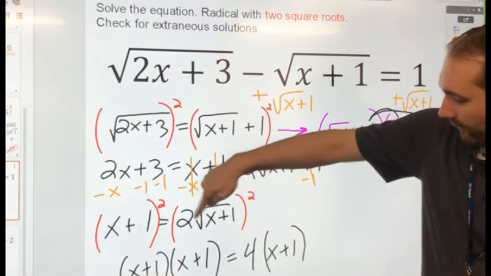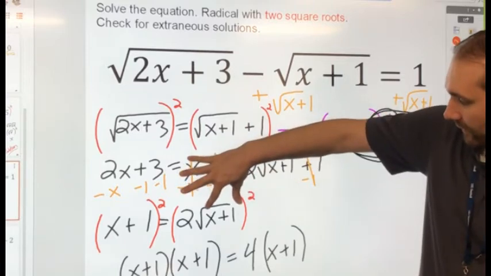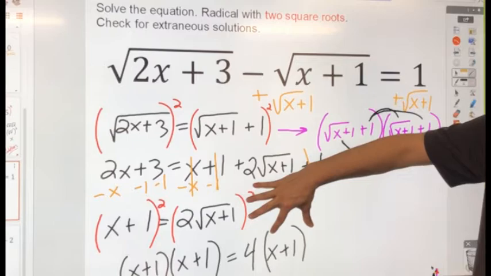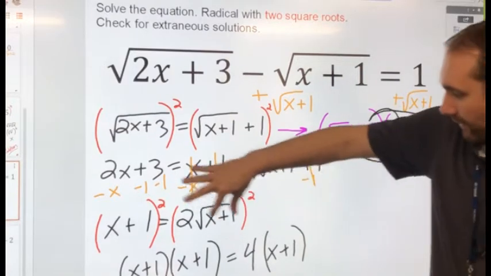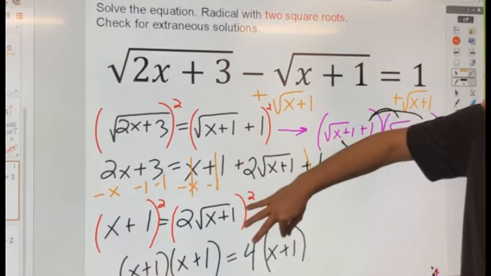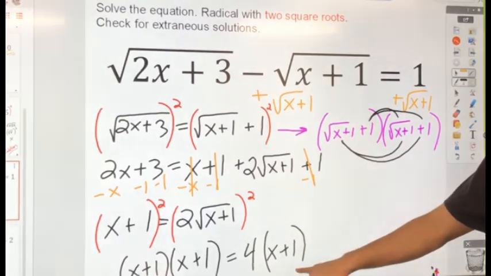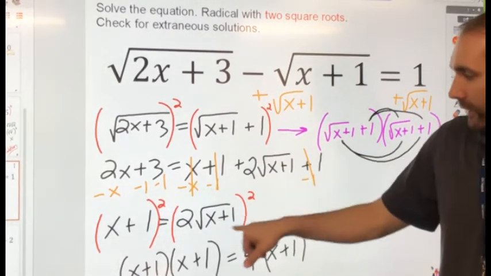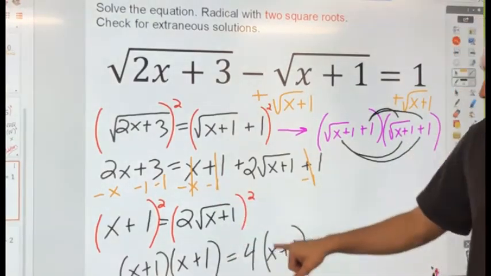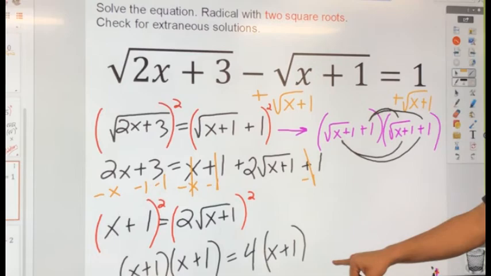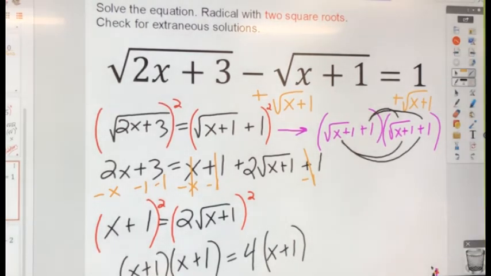I just have to square it, 4, and this radical, which is squared, so the radical goes away, turns into parentheses. So I still need to multiply this number to whatever this group of numbers is, but now the radical's gone and it's in parentheses. So see how this works. If you square with the coefficient in front of your radical, square that coefficient, and then turn the radical into parentheses.